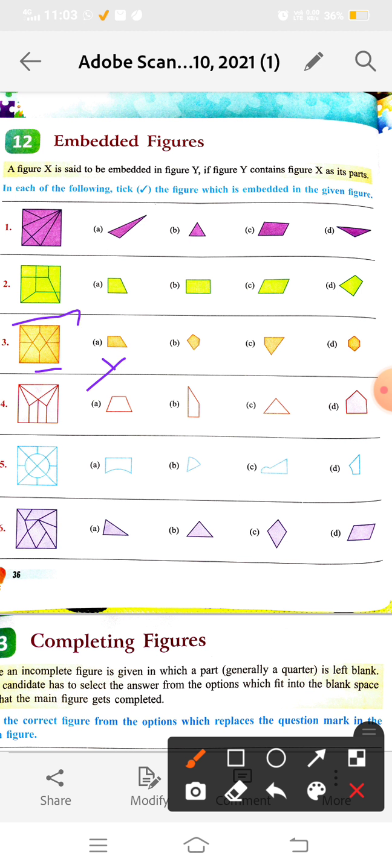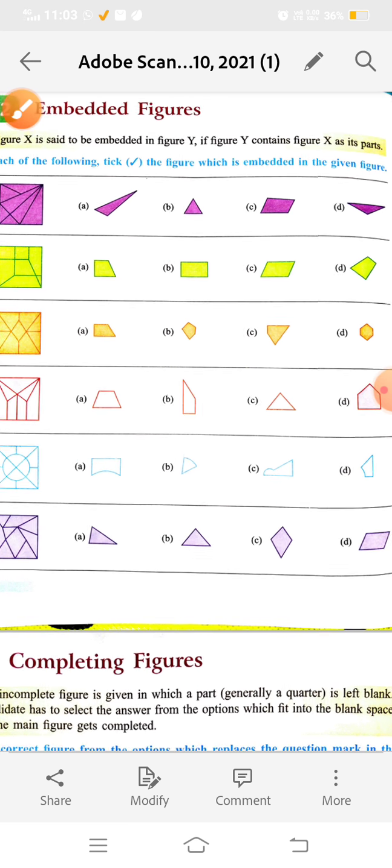And this one, here is 1 2 3 4 5 sides. We have 5 sides, but in the figure, no, we don't have 5 sides. We have 1 2 3 4. So D is also not our answer.